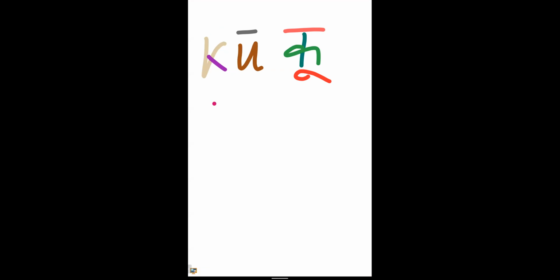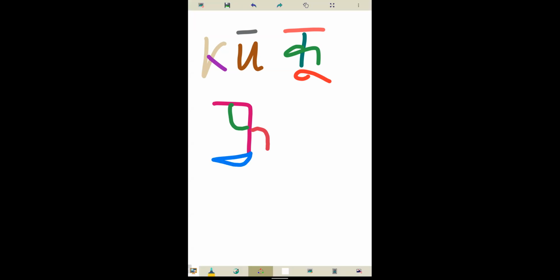So as you know, this is ka, and then u. Okay. But it is the regular one. The variant will be ka, u.